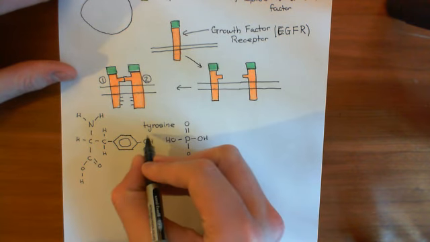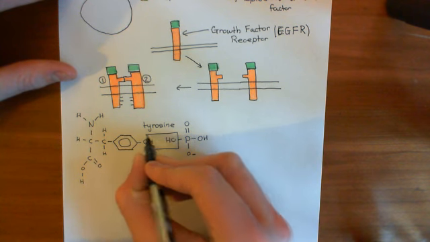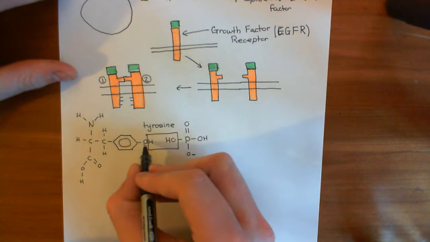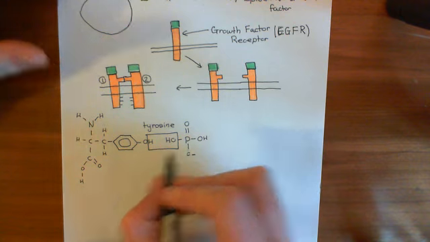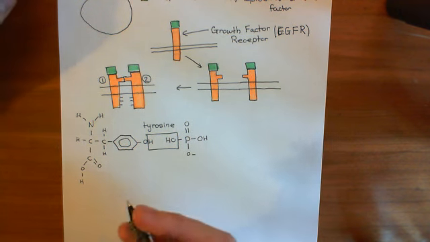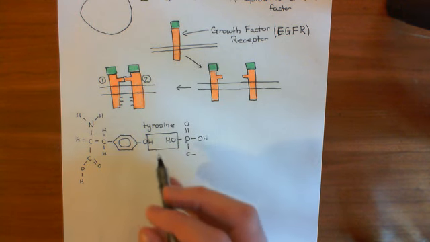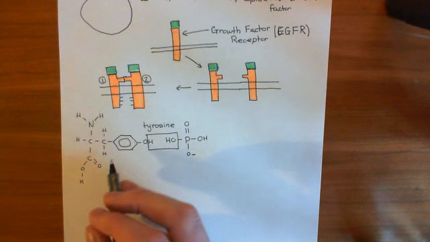Basically what's going to happen is you're going to perform a condensation reaction. You're going to bring water out, and you're going to put this oxygen onto the phosphorus, and that's how you phosphorylate a tyrosine residue. Of course, it won't quite happen like this. You won't just take a phosphate group from the cytoplasm and do this.